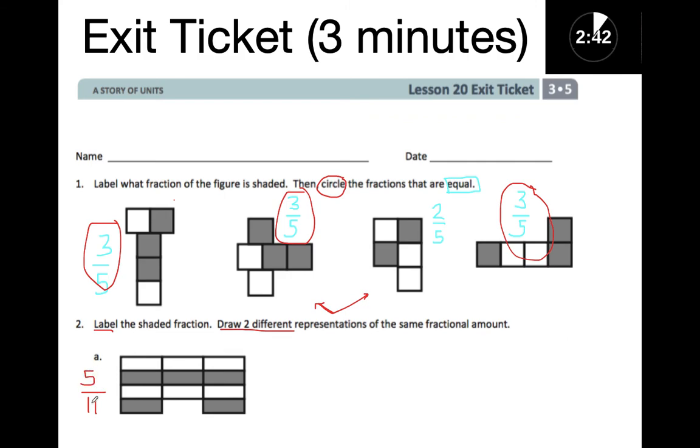Okay, 5 out of 11 are shaded. So what you would need to do is figure out a way to make a figure, make there be 11 equal boxes, shade in 5 of them, and that will show me a different representation. You can do that on your notebook.